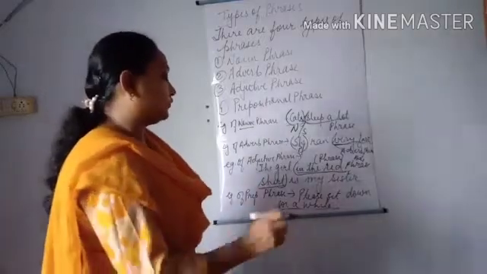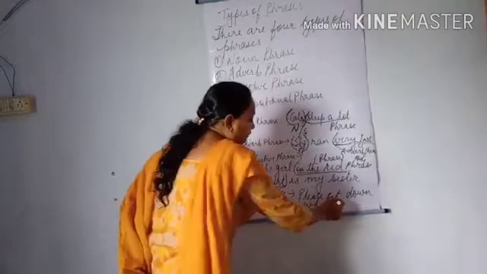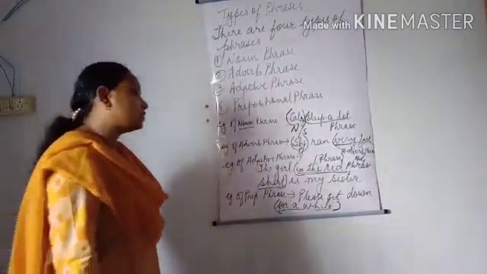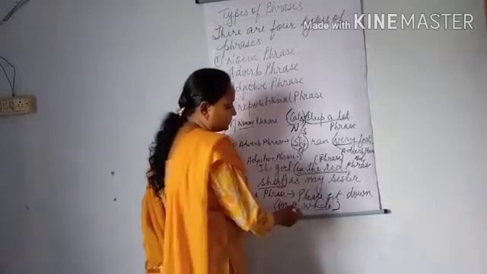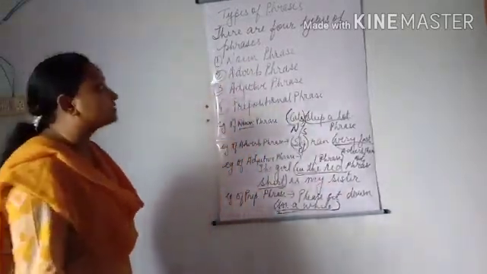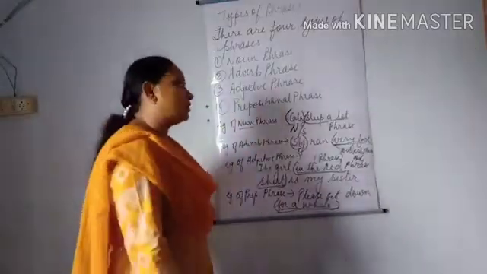Now, next is the prepositional phrase. Please sit down for a while. Here, for a while is the prepositional phrase, because when you see this, for a while, it is not giving a complete sense. As I already said, a phrase does not have a subject-verb combination.